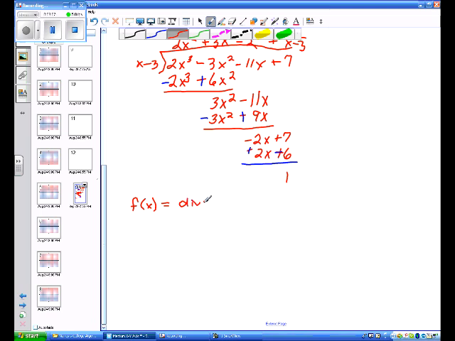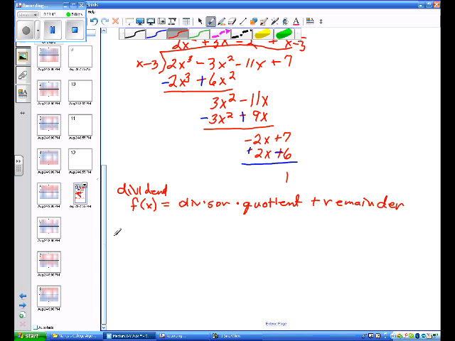It's equal to the divisor times the quotient plus the remainder. So your function, which is the dividend, if you wanted to think of it that way, the dividend is the function. So the dividend is equal to the divisor times the quotient plus the remainder.